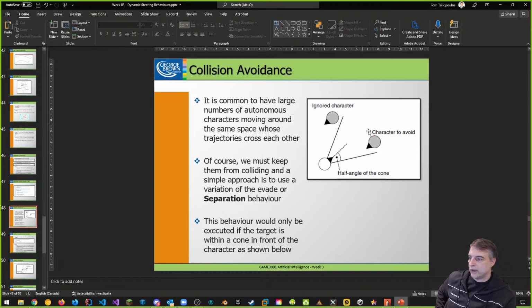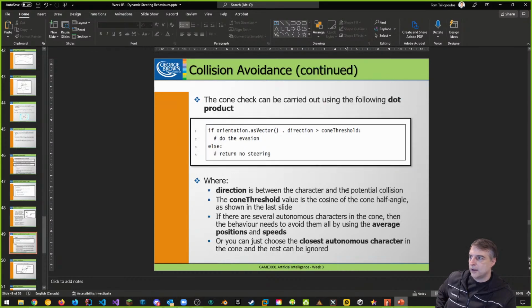So this cone in front of the character, we can calculate that by looking at a cone threshold, or we can do a cone check by using something called the dot product. And again, you should know what a dot product is, but if you don't, we'll talk about it in lab. In this case, direction is between the character and the potential collision.